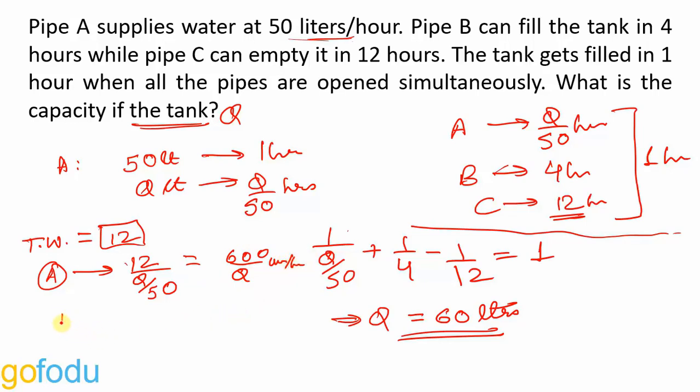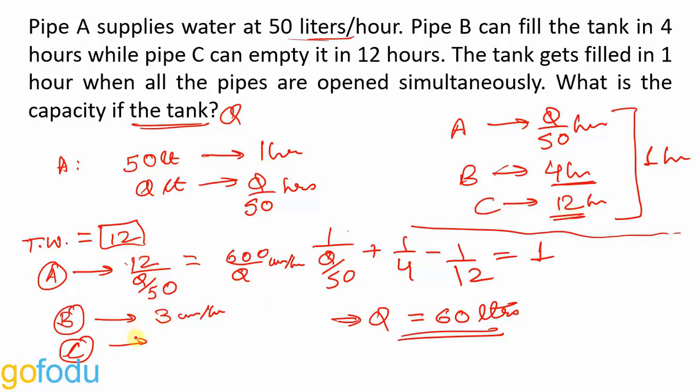Rate of B. B finishes 12 units of work in 4 hours. So in 1 hour, B must be doing 12 upon 4, that is 3 units per hour. Rate of C. C takes 12 hours to empty the tank, 12 hours to finish 12 units of work.